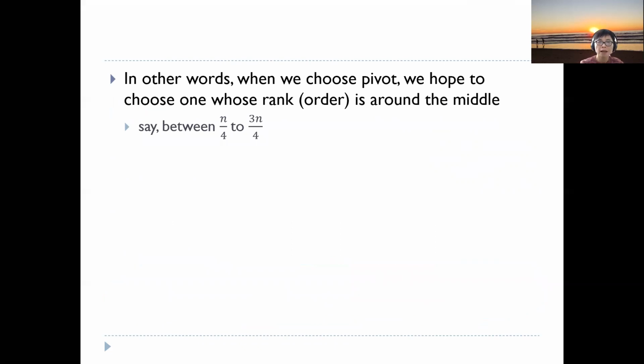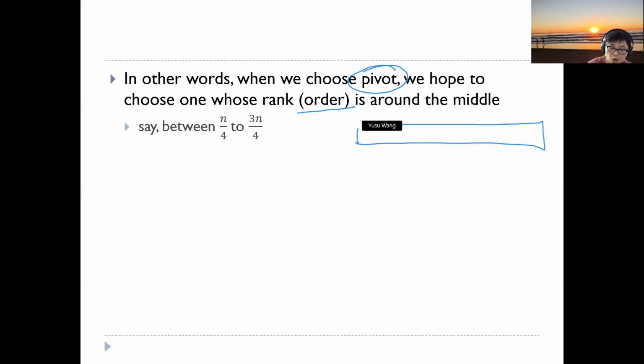In particular, let's say that we hope to choose a good split, namely, we want to choose a pivot whose order is basically in the middle. So I want to pick a pivot whose order will be between n/4 to 3n/4. What does that mean? That means that after partition, the left side and the right side are each going to be bigger than n/4.